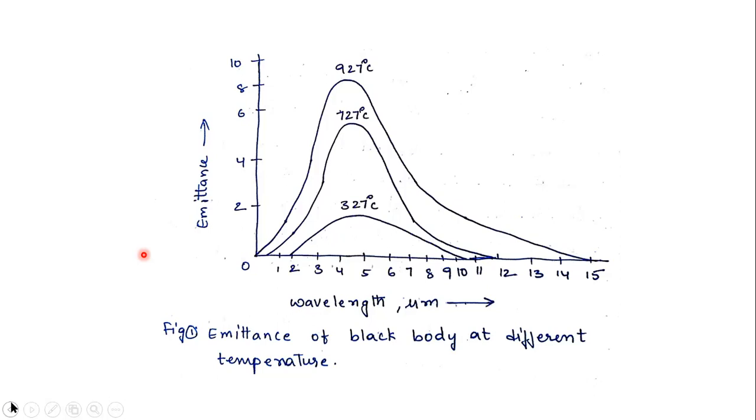Here glass is partially transparent for infrared light. So an efficient greenhouse effect is possible only below 500 degrees Celsius.